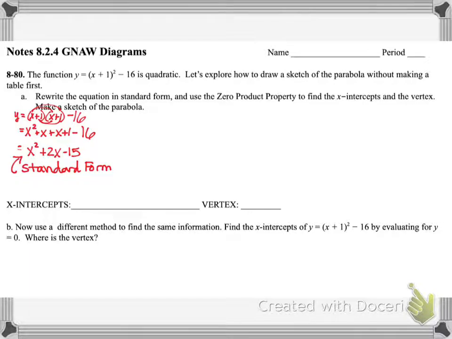So if I think of two numbers that multiply to a negative 15 and add to a positive 2, I'm thinking 5 and 3 multiply to a positive 15, but they have to add to a positive 2, so that's going to give me a negative 3. My factors then must be x plus 5, x minus 3. That's my factored form.